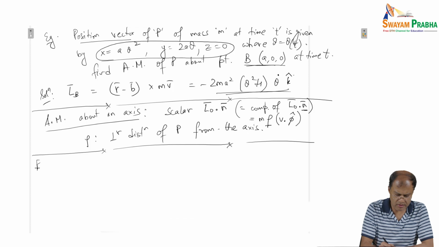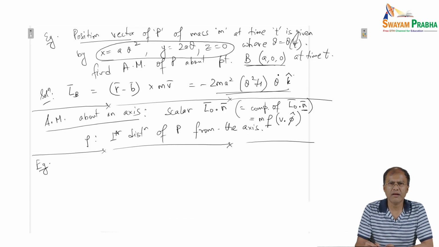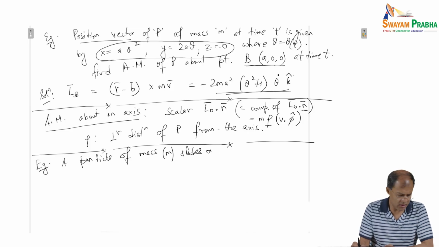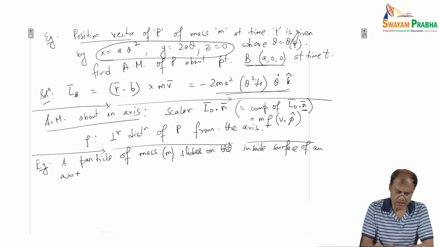Let's look at an example related to this definition, or this formula. The problem says a particle of mass m slides on the inside surface of an axially symmetric bowl.